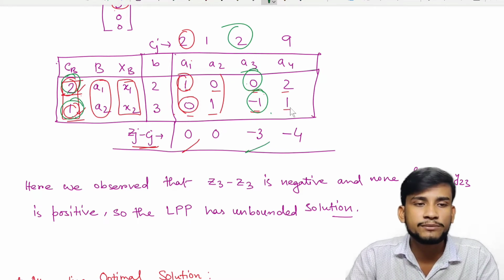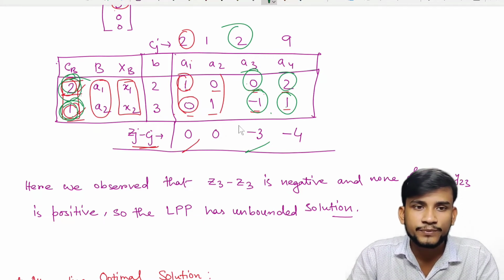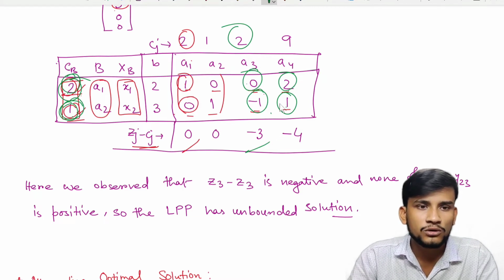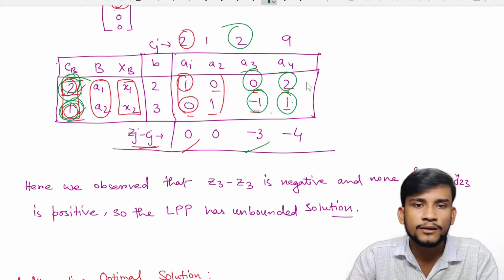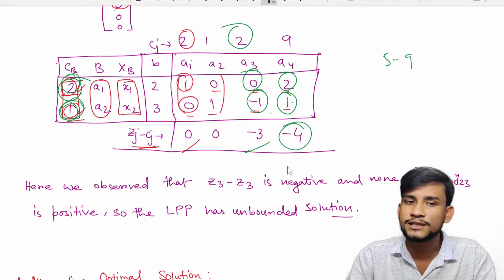Similarly for z4 minus c4: 1 into 2 plus 1 into 1 is 3, that is 2 plus 3 equals 5, minus 9, which gives minus 4. So these are the terms.